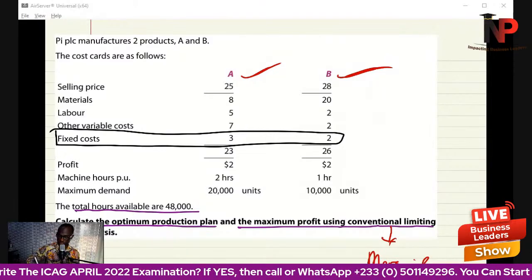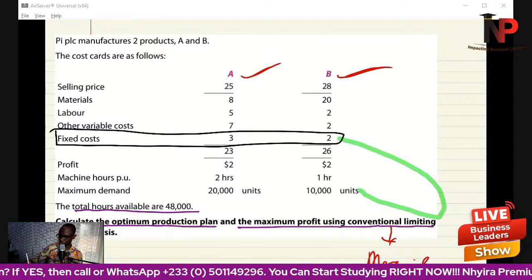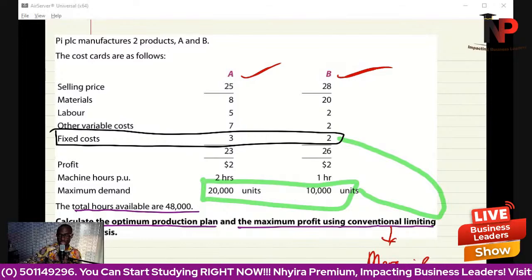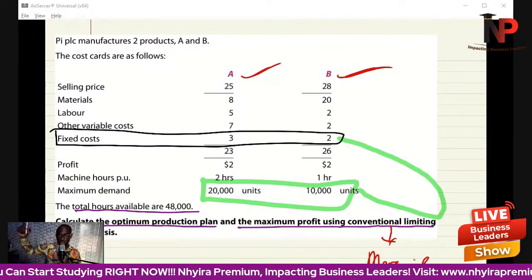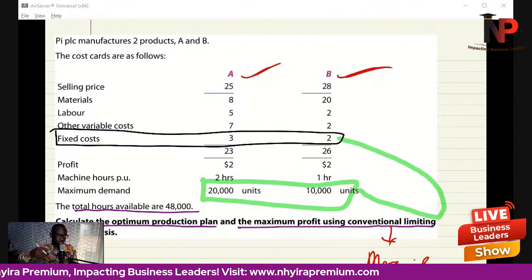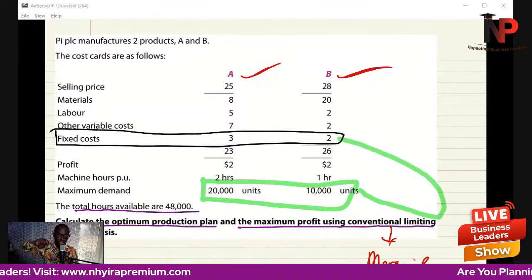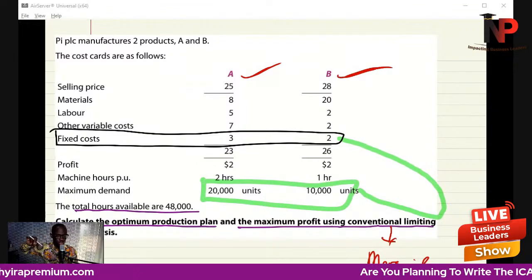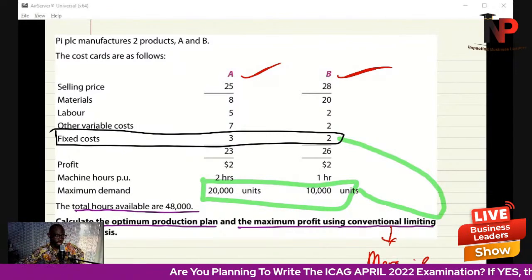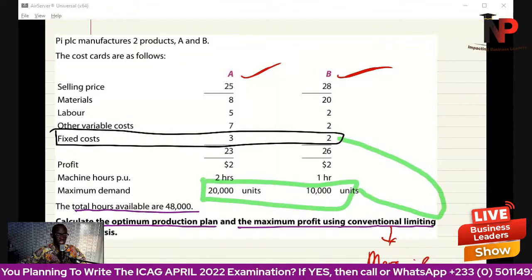So when you are calculating fixed costs under this, you're going to be using the budgeted units or the maximum units given in the question, not your production plan. Please be careful about this. When we are dealing with total contribution, that one you will use your production plan. But when it comes to calculating the total fixed cost, you don't use the production plan. You have to use the output given in the question. Why? Because fixed cost remains the same irrespective of the output level.